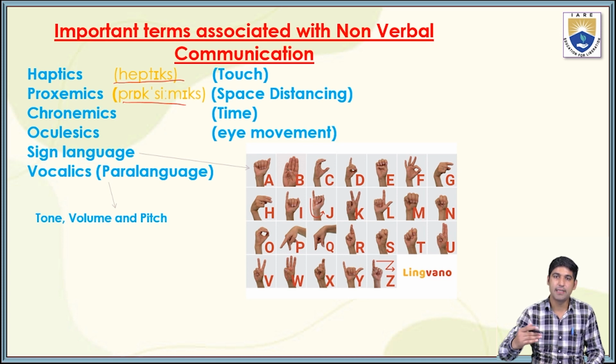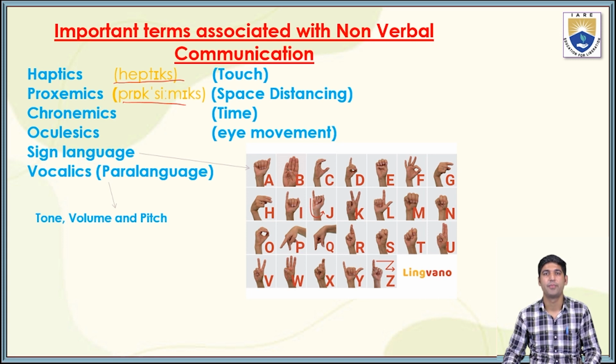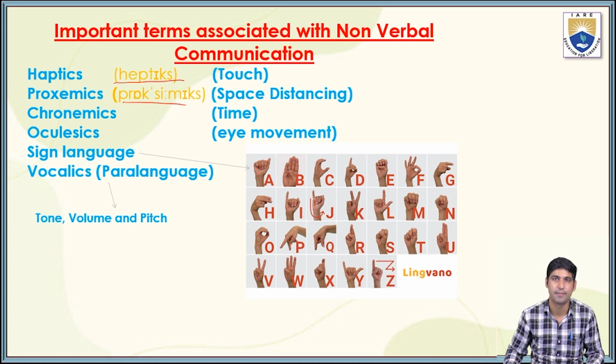If I am maintaining a space in between you and me, it conveys some meaning. So we have this component in non-verbal communication, which we call proxemics. It talks about the space, it talks about the distance.